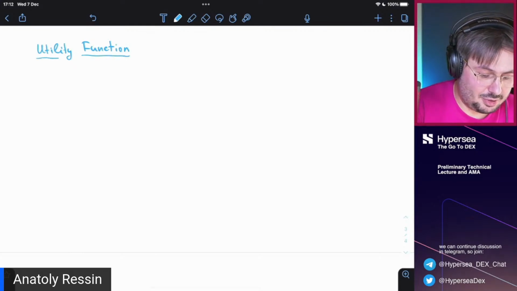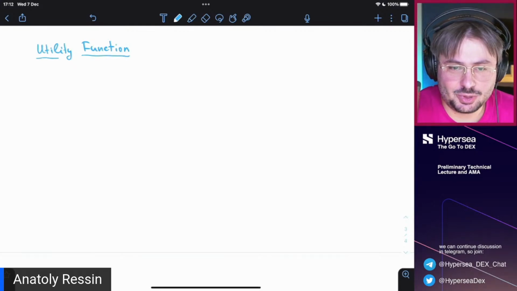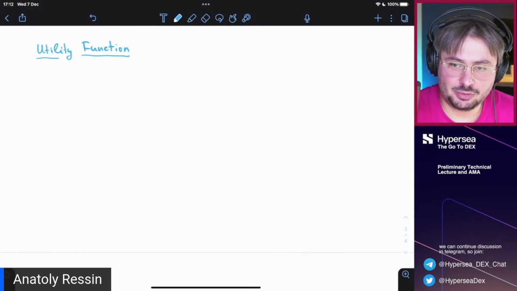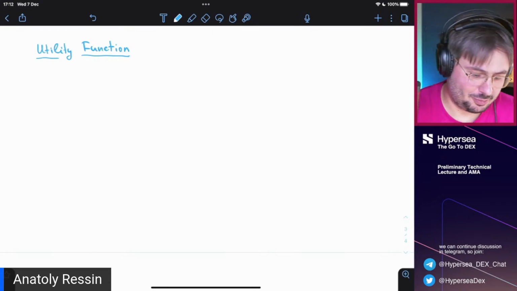This is a very important concept that allows us to explain why we will use one curve or another curve.